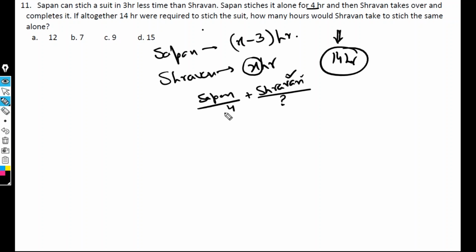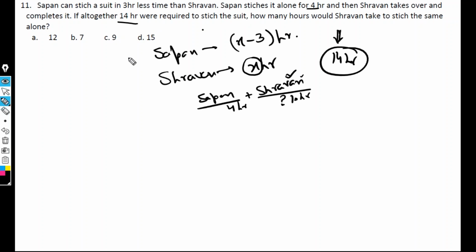Sapan stitches it alone for 4 hours and then Shravan takes over and completes it. It is 10 hours guys, good. So Sapan worked for 4 hours and Shravan worked for 10 hours. It is given to me that we were required 14 hours to stitch the suit in the given pattern, right?